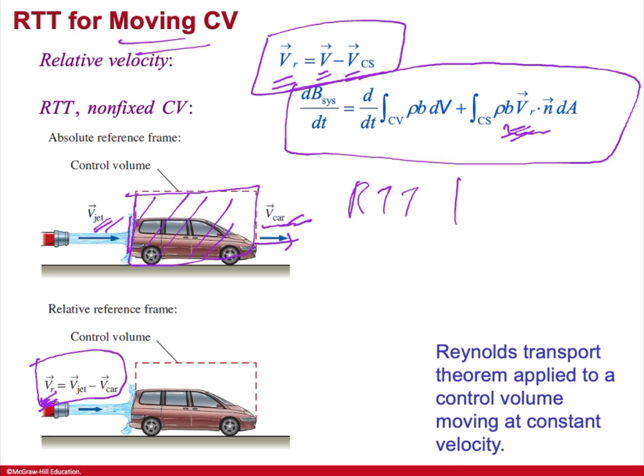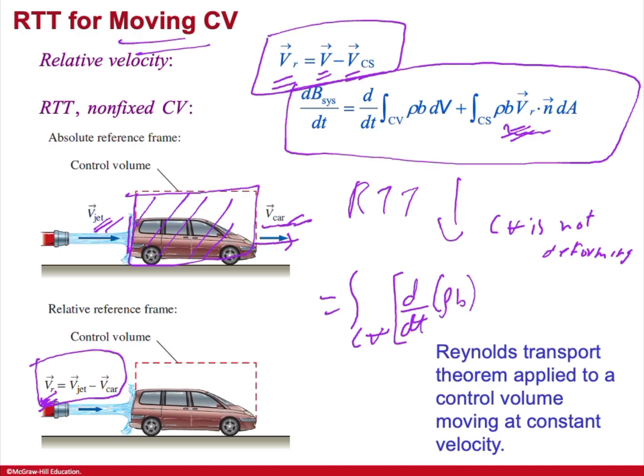You can make a further simplification since it's a moving control volume and your shape or control volume is not deforming. You can take the time derivative inside, right? We talked about this in the previous one for the fixed control volume, that you can rewrite it by taking the integral outside and then just taking the time derivative of rho times b, and the second term remains the same.